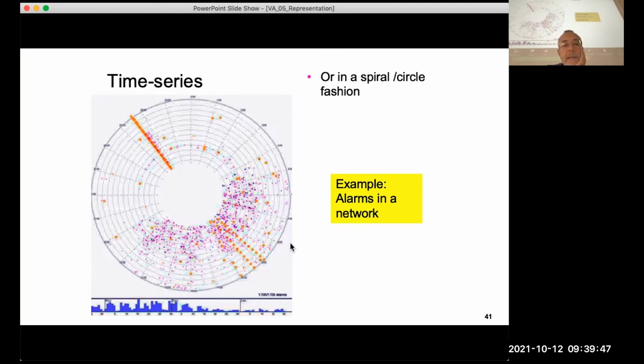The day is along the circle. You cannot read it, but this is midnight, 1, 2, 3, 4. This is exactly 24 hours of the day. And each circle is one day of the week. So we have Monday, Tuesday, Thursday, and so on.